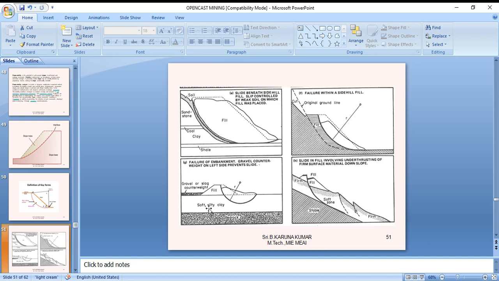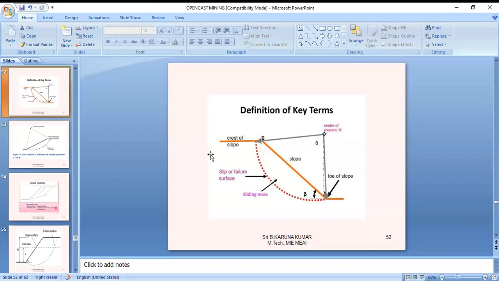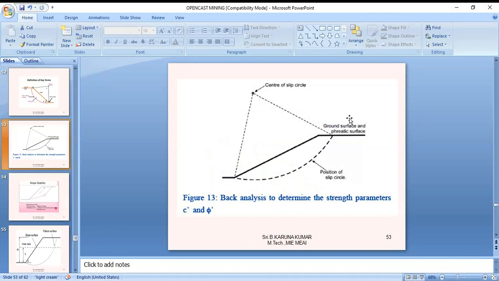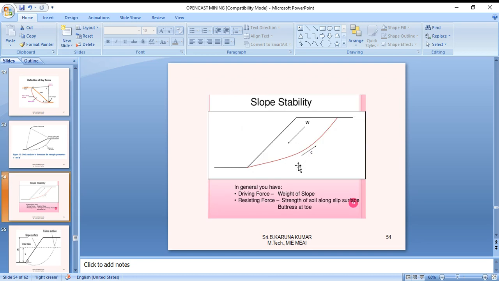Another is a soft silt clay, or slag counterweight fill. This is also another type of instability, a soft zone. This is also the same example I'm showing here, a tendency of the area to fall.